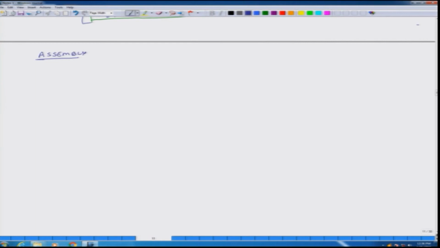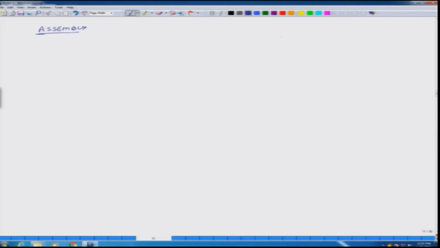So, suppose in this case I have this beam, I am breaking it up into two elements, this is first element, this is second element, and the global node numbers are 1, 2 and 3.